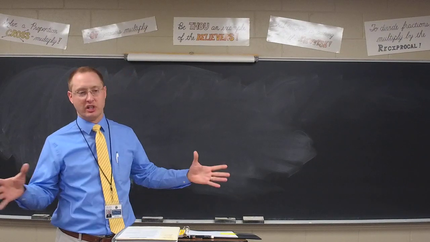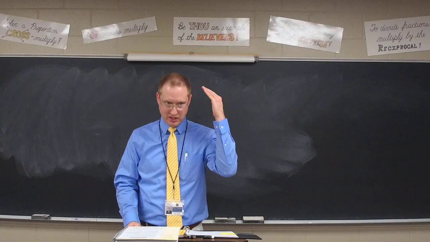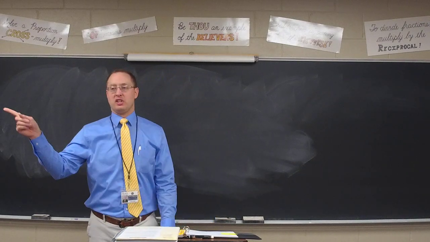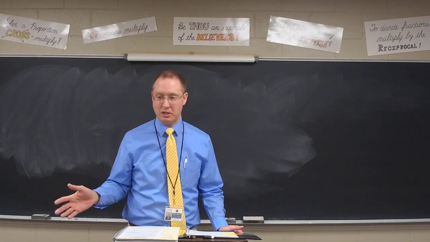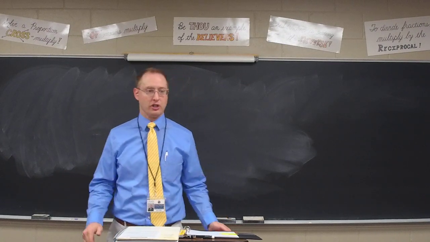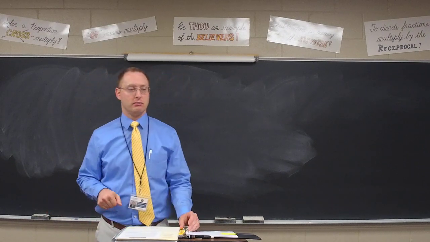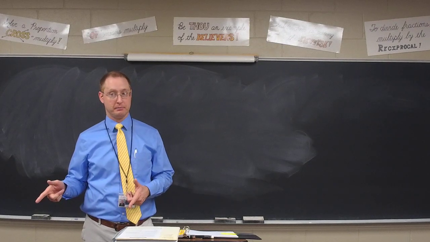How many times has it rained on April 11th? How many times has it not rained? And so for the next year we say the likelihood of it raining on April 11th is 58%, because 58% of the time over the last 100 years it's rained on April 11th, including today. All right? Well, that's what type of probability?